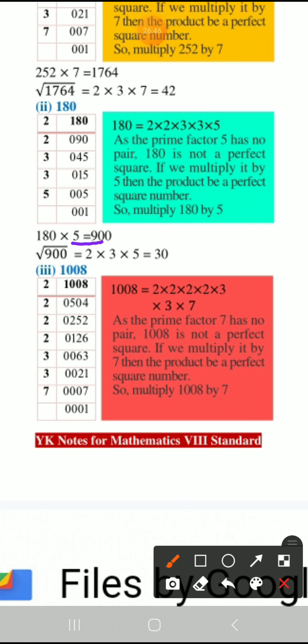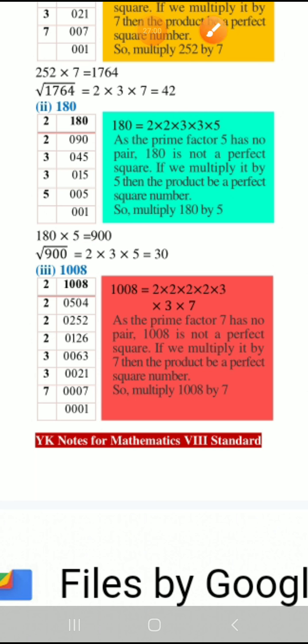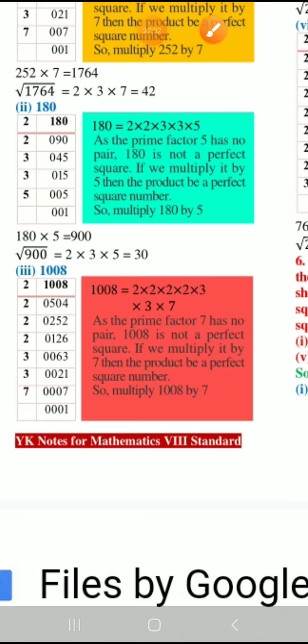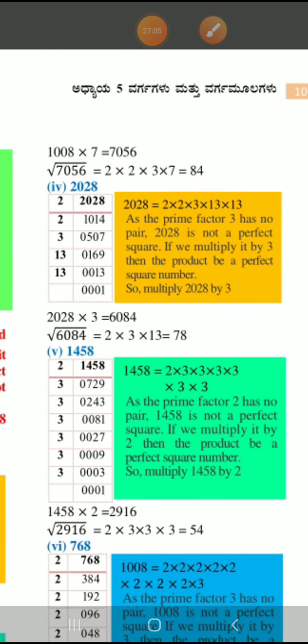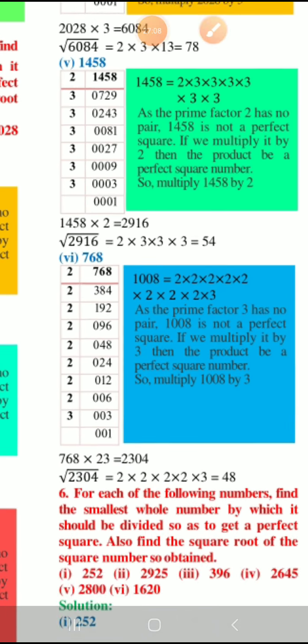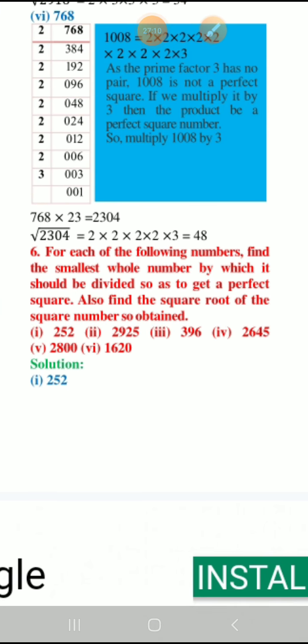So now we can make pairs, right? From that we can extract 2 into 3 into 5, that is 2 3s are 6, 6 5s are 30. So the final answer comes as 30. I hope you understand that, children. In this way we can solve the third one, and the fourth, fifth and sixth ones too, right?